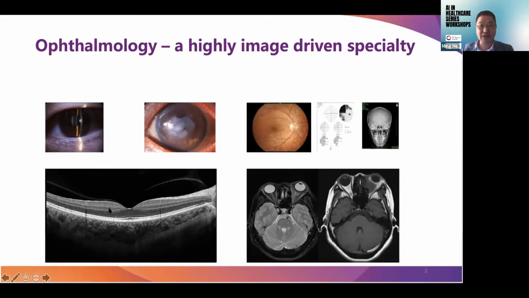This OCT scan shows the layers from the neurosensory layer all the way to the RPE and choroid. Then there is the full color fundus photo, visual field data, and also MRI. So ophthalmology highly depends on imaging.